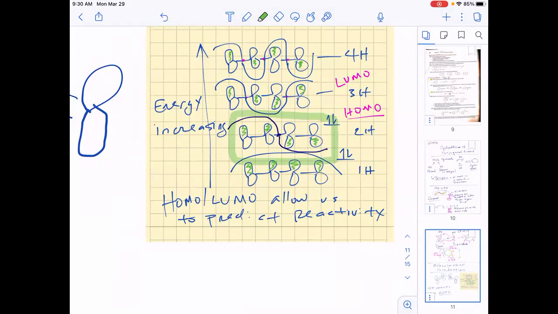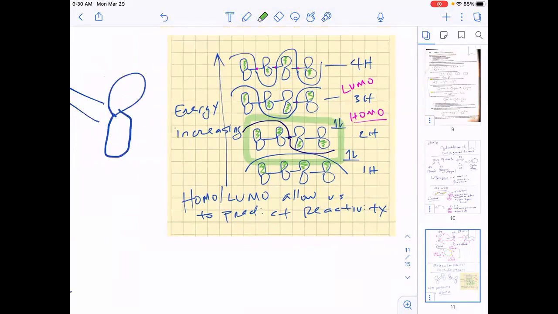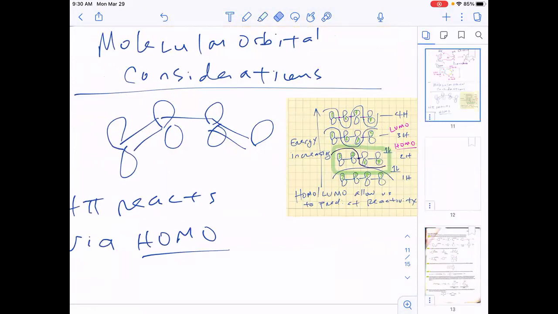So when I look at this 4-pi, this HOMO is going to look like this. So this is going to be shaded. That's going to be shaded. This is shaded. And that's shaded. Do y'all agree, based on what we know about the MO diagram?